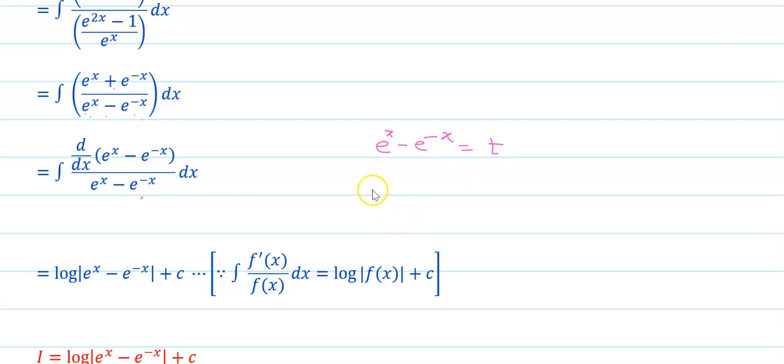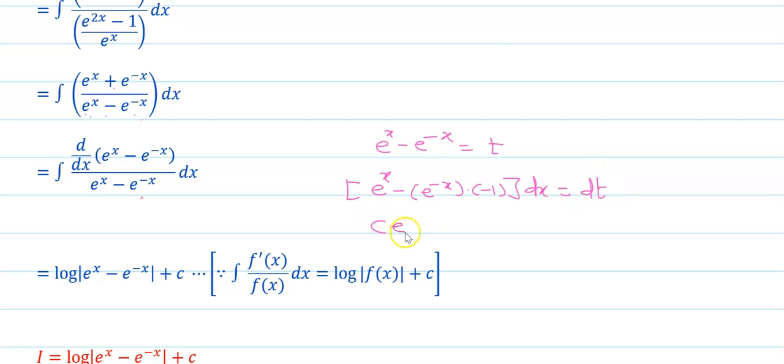Then what's its derivative? Its derivative is e raised to x minus the derivative of e raised to minus x, which is e raised to minus x into the derivative of minus x, which is minus 1. Then we take the total bracket. This is dx and that is equal to dt.